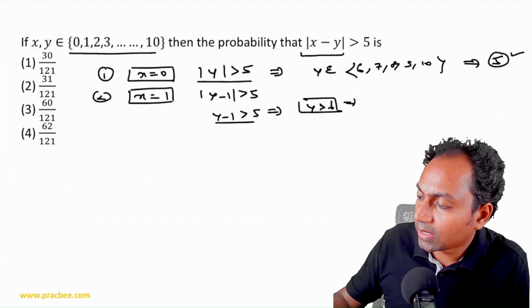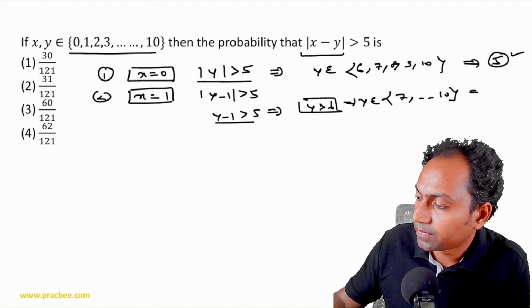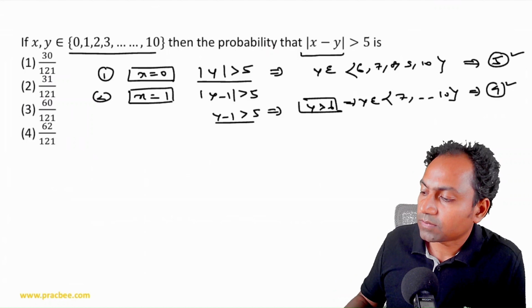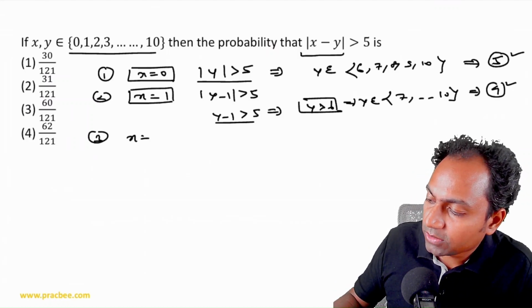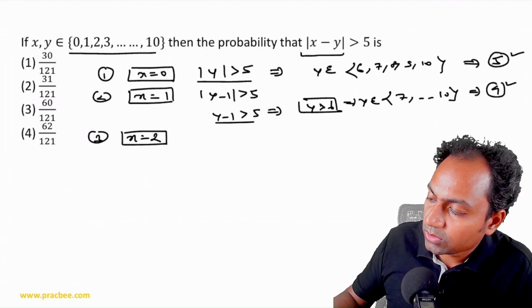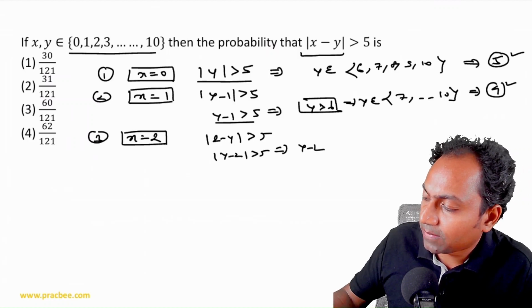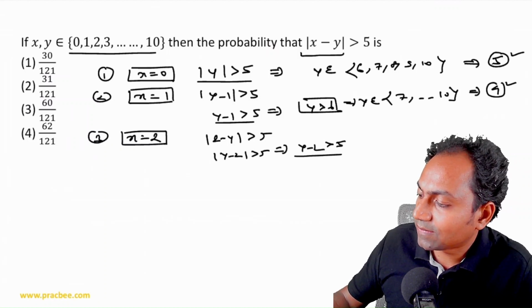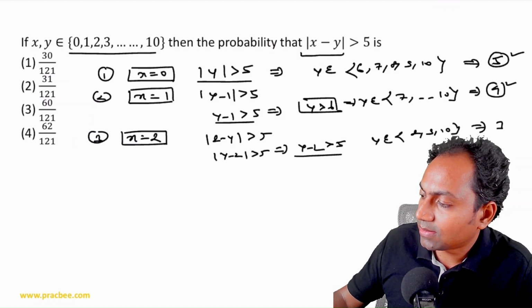And corresponding to that, the values satisfying would be 7 to 10. And you can see 4 answers will come. In the third part, if I put x equal to 2, it becomes mod of 2 minus y is greater than 5, or y minus 2 mod is greater than 5. Corresponding to this, y minus 2 will be greater than 5. So y will be greater than 7. So this will become 8, 9, 10. So you can again see there are 3 possible values.